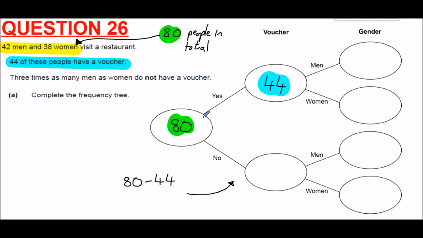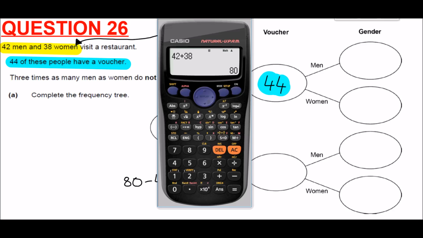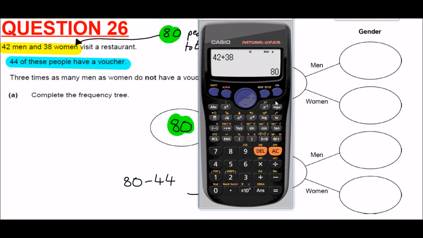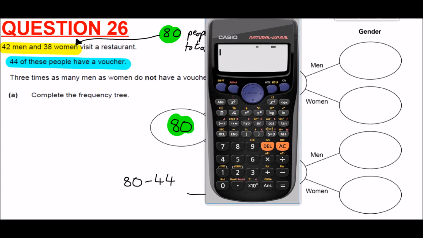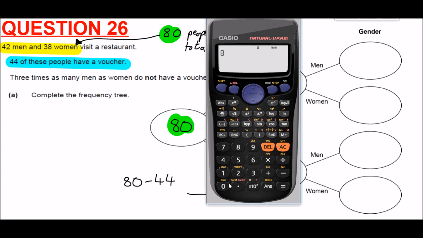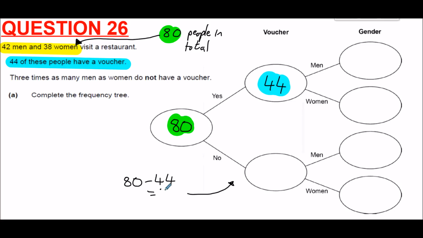So that should be the other 36. But again, just check the calculator, make sure you don't make any silly errors. That goes for me as well half the time. So 80 take away 44 is 36. So if 44 people did have a voucher, we can work out from that that the other 36 people didn't.